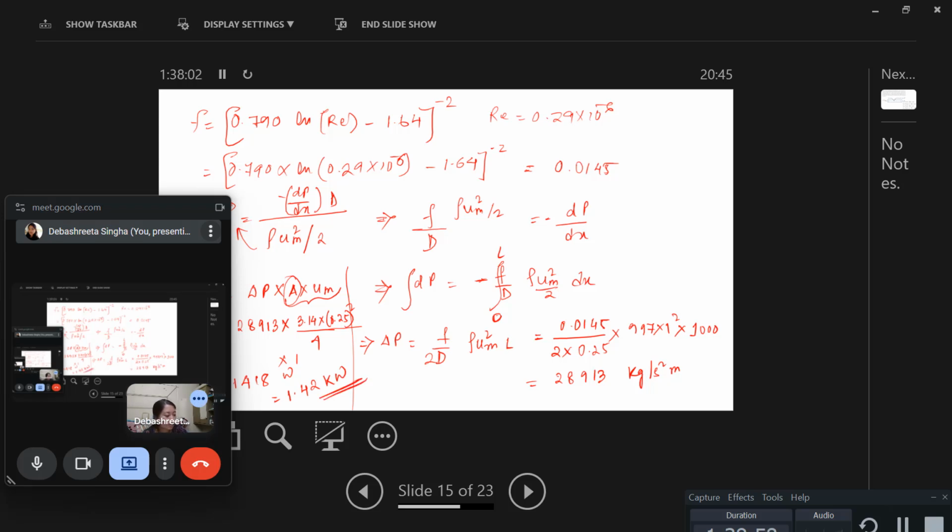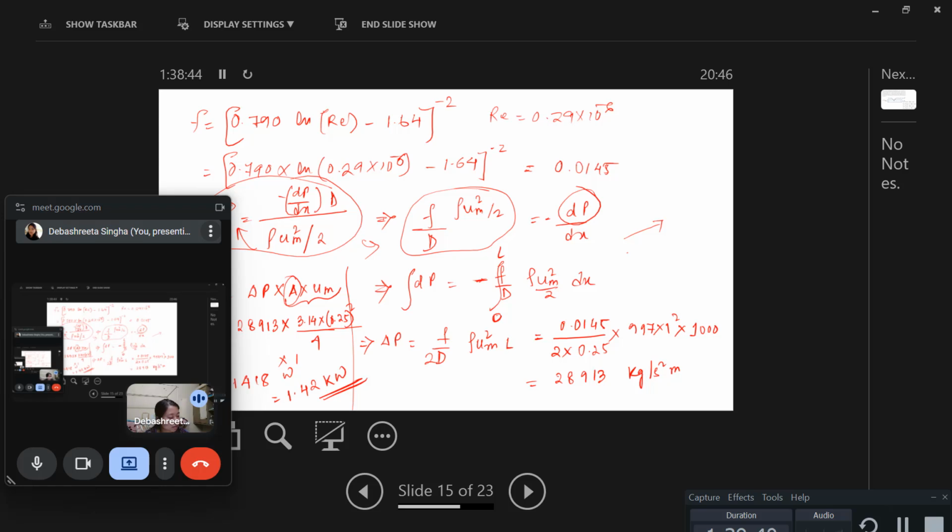So we just directly take the formula for the friction factor, which is given as this. Friction factor is given as minus dP/dx into D divided by rho V square by 2. So from here we can calculate the delta P. As we go along the flow, the pressure is decreasing, that's why there is minus here, because the flow always takes place from higher pressure to lower pressure.